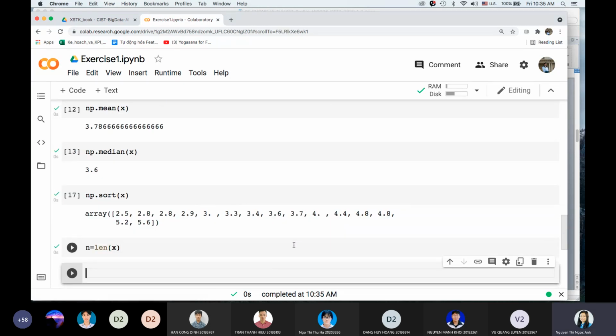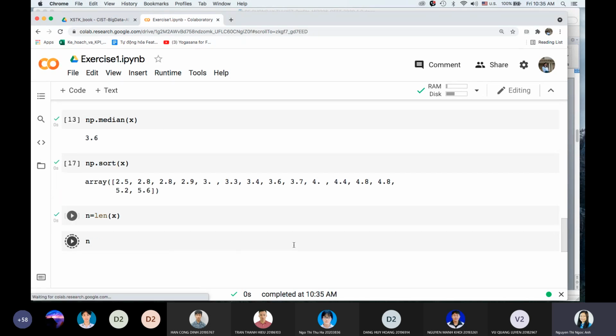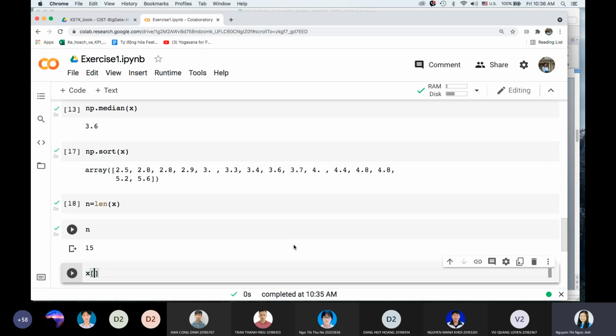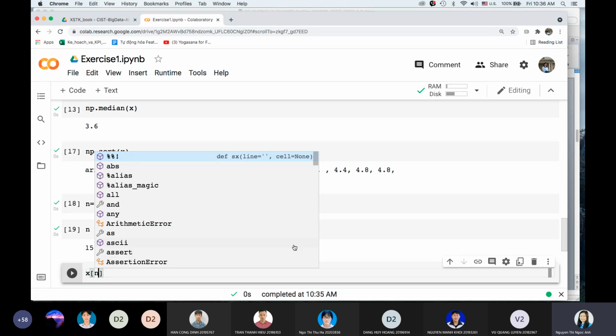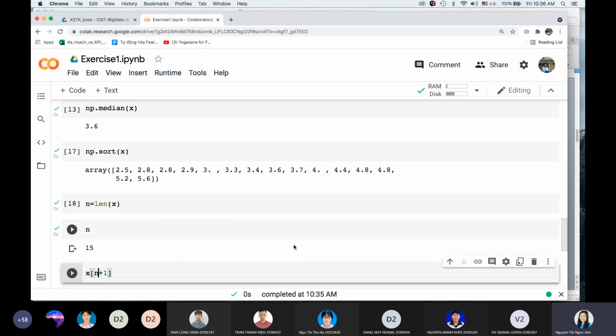Here is n, which is 55. So we look at the x at position (n plus 1) over 2.